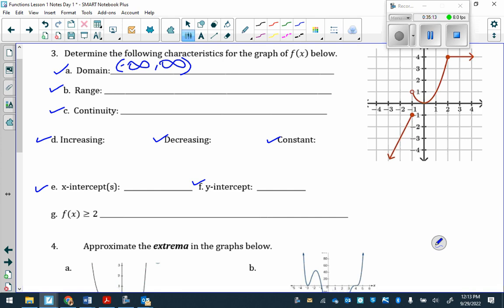Good. Excellent. Negative infinity to negative 1, union, bracket, 0 to 4. Okay. Nice job. So the reason it's split into 2 is because this space right here, there's no y values being used.